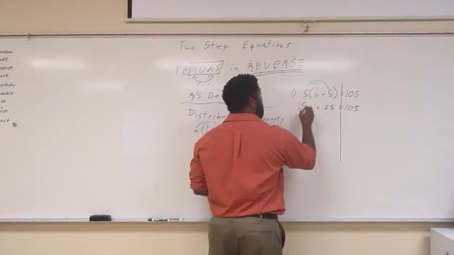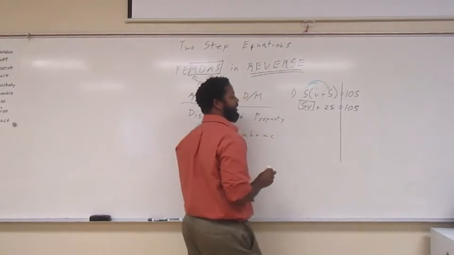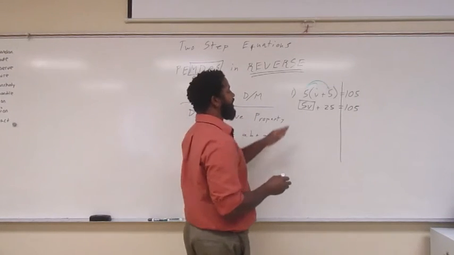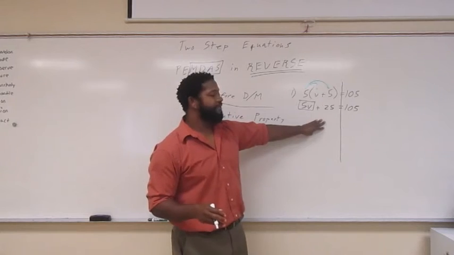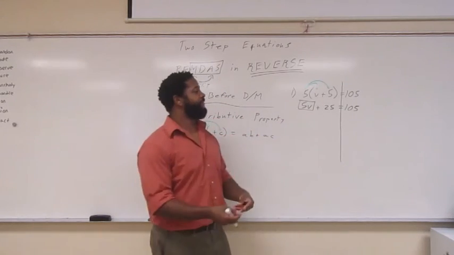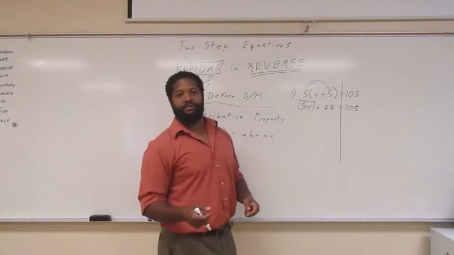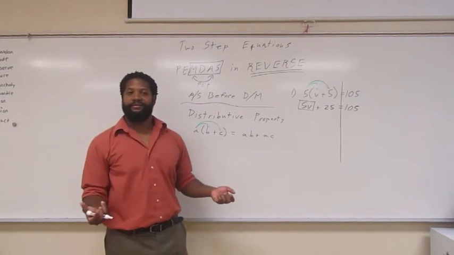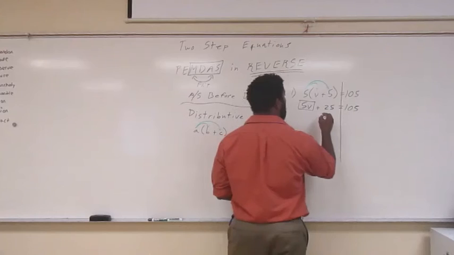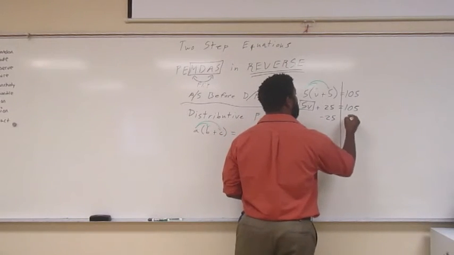So, we know for a fact multiplication is happening between the 5 and the V. We got to get this by itself. So what is on this side with the 5V? 25. So, therefore, what's the opposite of a positive 25? Negative 25. What you do on one side, you must do to the other.